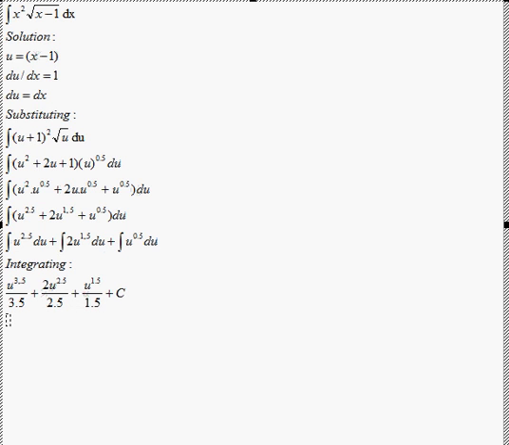Okay, so that should not be our final answer. In the last step, we have to replace this value by the original value. We have u is equal to x minus 1, so I've got to replace this value to finalize an answer.